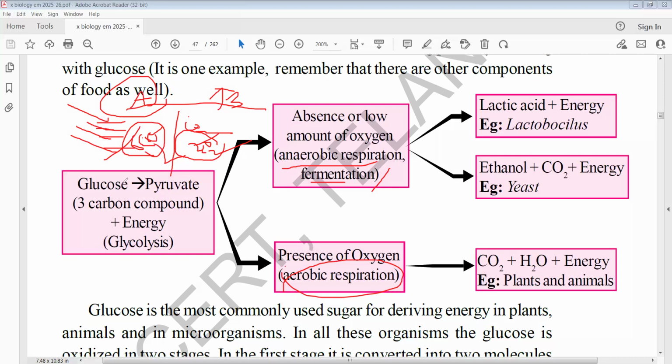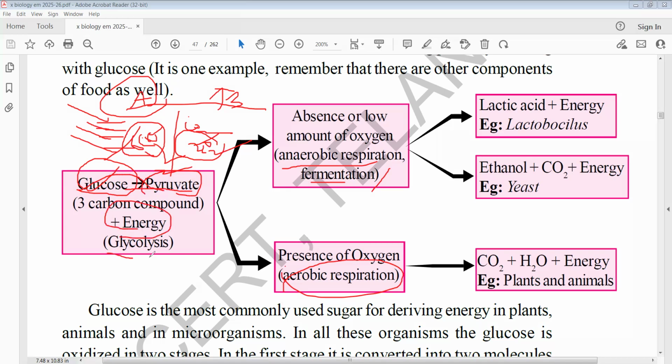So let us go to that. Which material is broken down in the cell? Glucose. After breaking down the glucose in respiration, pyruvic acid is formed. For one glucose molecule, two pyruvic acid molecules are formed. While converting glucose into pyruvic acid, energy is released.